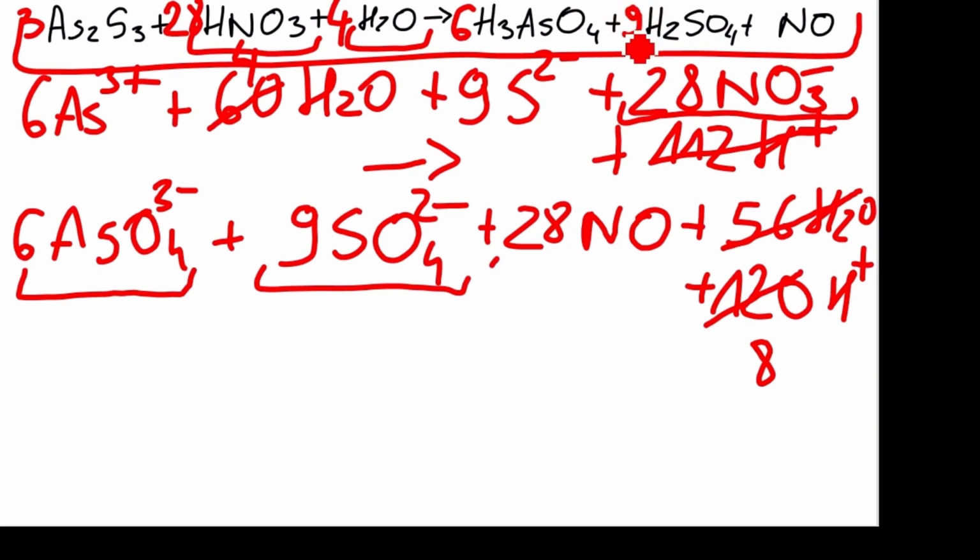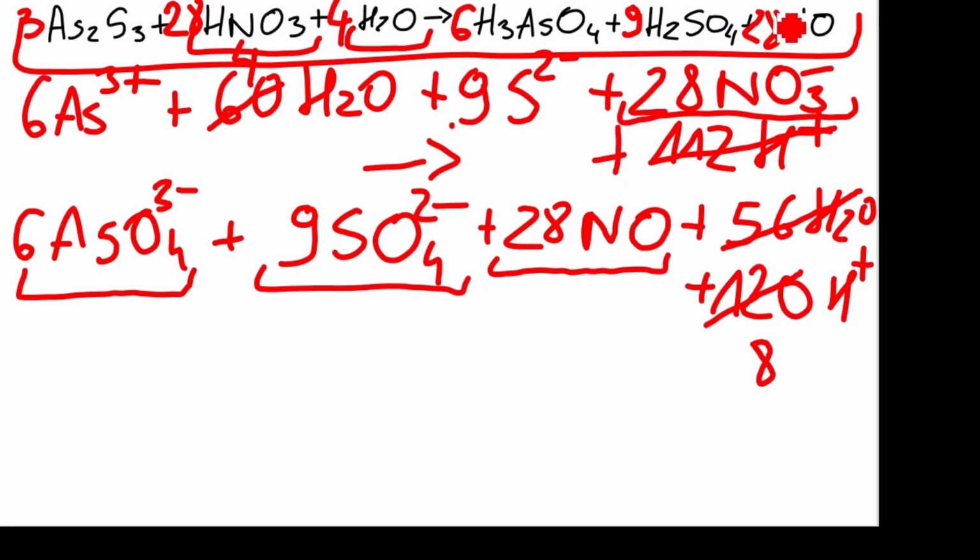We have 28 nitrogen oxide particles on the right side of this ionic reaction. So in the particle form reaction, we also have 28 particles of nitrogen oxide.